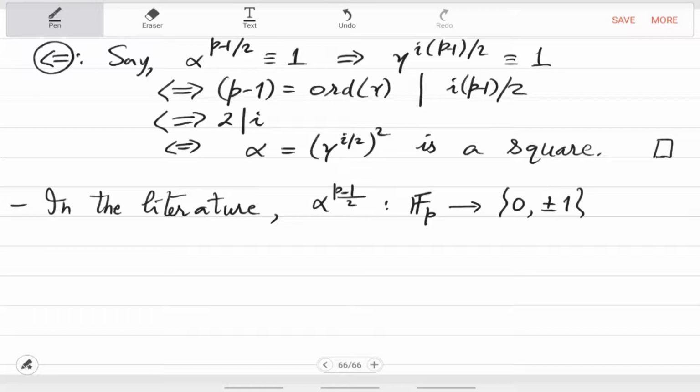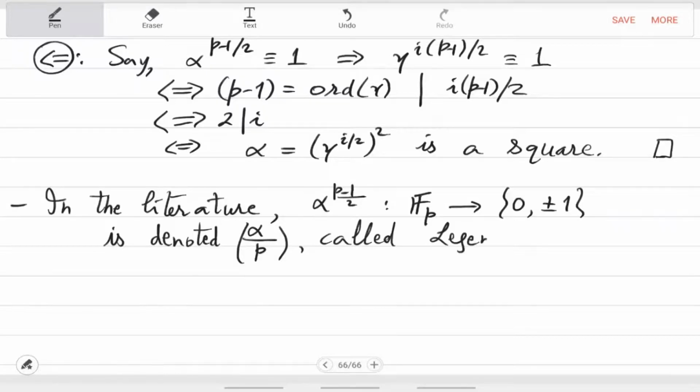So this is a character of Fp, also denoted by the symbol alpha over p in brackets, and it is called the Legendre symbol.